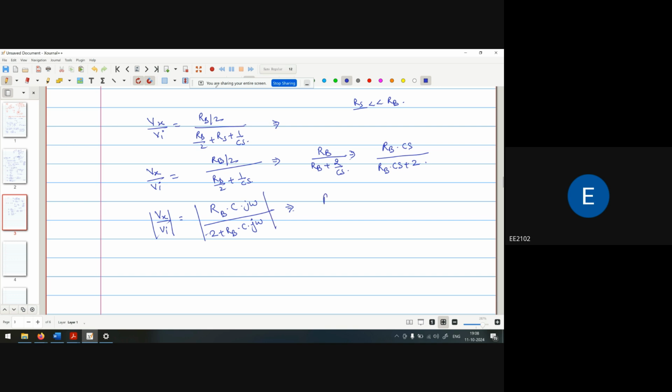So if I take the magnitude of this one, it becomes Rb into C into omega upon root of 4 plus Rb square C square omega square.